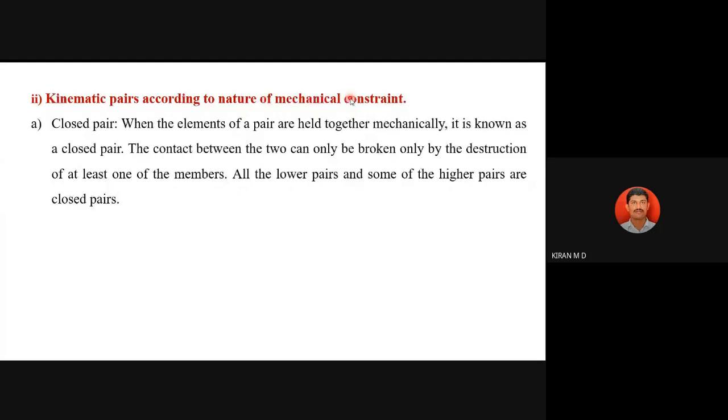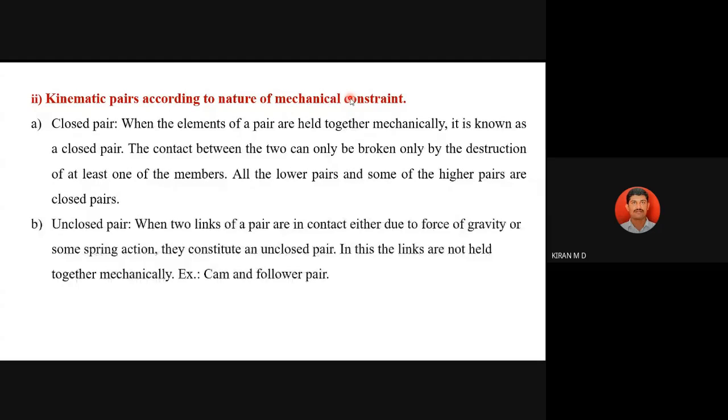Another one is the unclosed pair. Here, the two links of the pair are in contact either due to the force of gravity or some spring action. Both partially constrained and unconstrained mechanical components come under the unclosed pair, while completely constrained ones come under the closed pair.